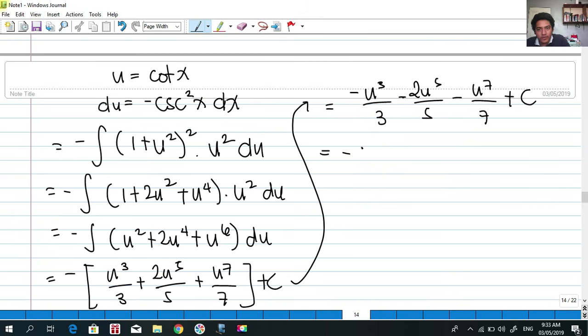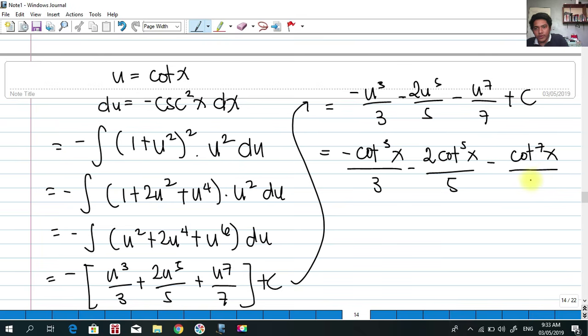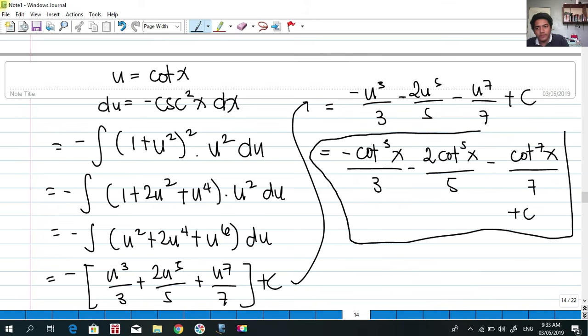So we have negative cotangent cubed of x over 3 minus 2 cotangent raised to 5 of x over 5 minus cotangent raised to 7 of x over 7, then plus c. So this should be our answer for the number 5 problem.